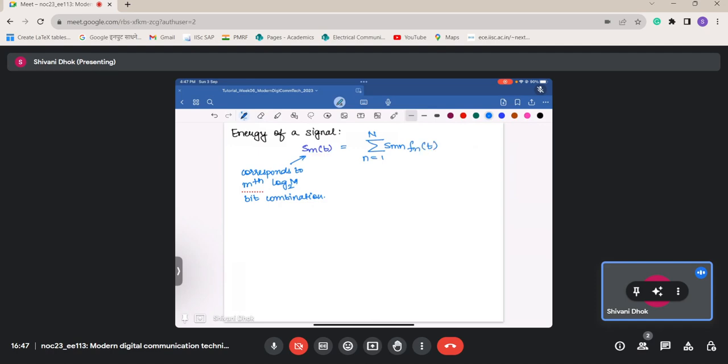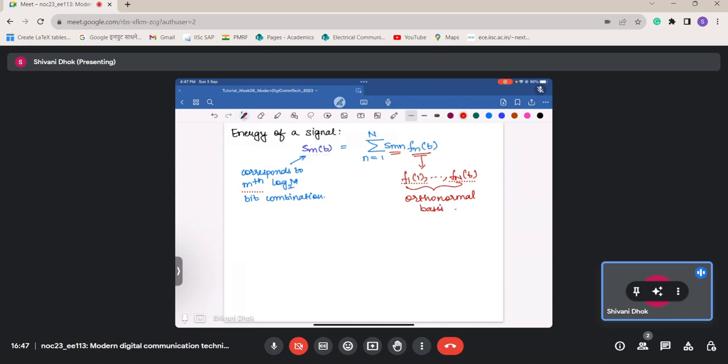This is the representation that we have seen in Gram-Schmidt also. We try to represent it in this form. So this Smn is the coefficient, and f1t till fnt are orthonormal bases.